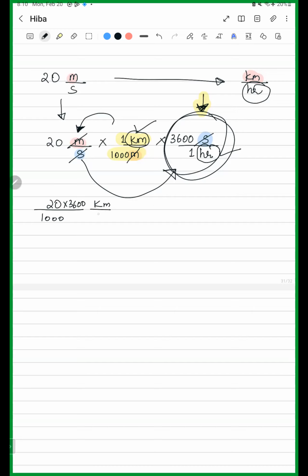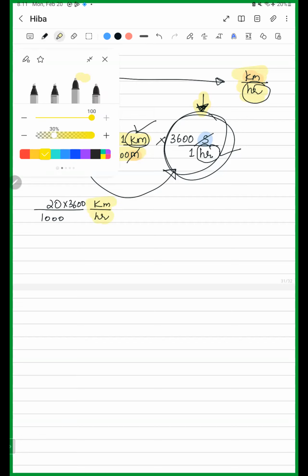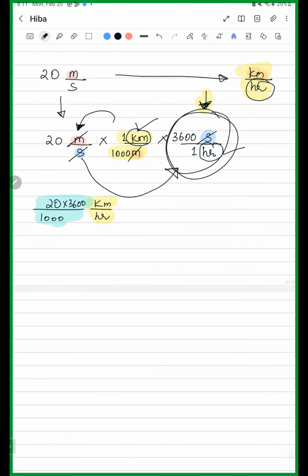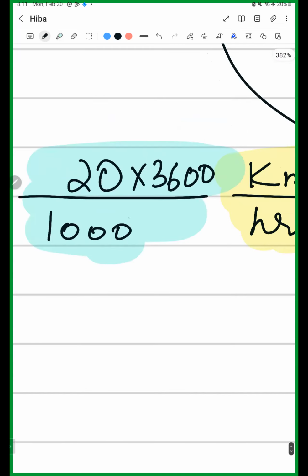So now we finally have this kilometer per hour that we were talking about. Now all that we have to do is calculate this thing. ये कैसे होगा? अब इसको ध्यान से देखिए. This zero gets cancelled with this zero. Are you with me? Yeah. This zero with this zero. Clear? Yeah.